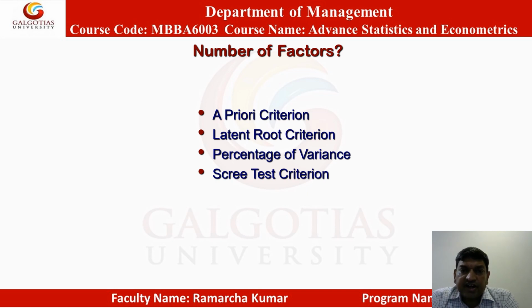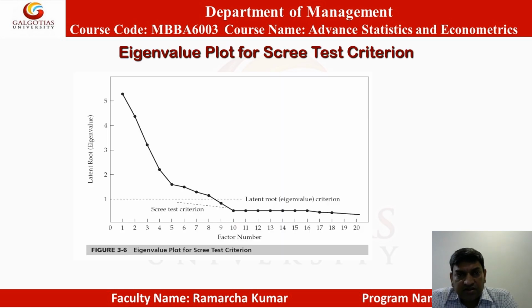Scree test criterion is looking at the point of inflection, or where the curvature is changing. We plot eigenvalue against number of factors. So, in the eigenvalue plot for the Scree test criterion, on the y-axis we have the latent root or eigenvalue, and on the x-axis we have factor number. The first has the highest, then the second, third, fourth, and fifth.